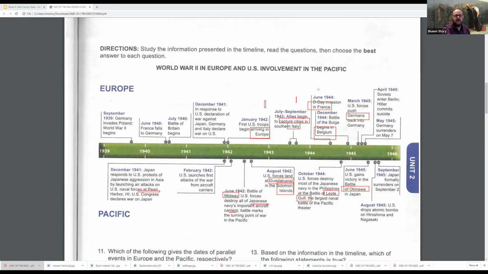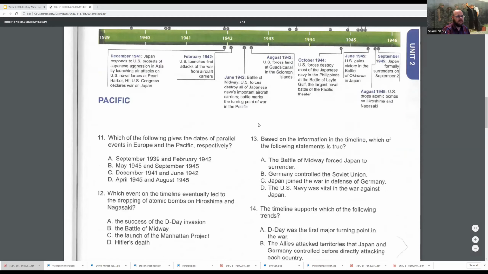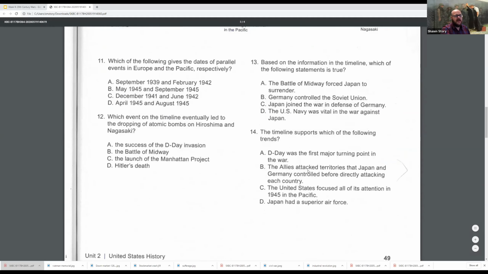Then they do Italy, France, Belgium, and then finally attack Germany. So if we look at our question, the Allies attacked territories that Japan and Germany controlled before directly attacking each country. B is our best answer.